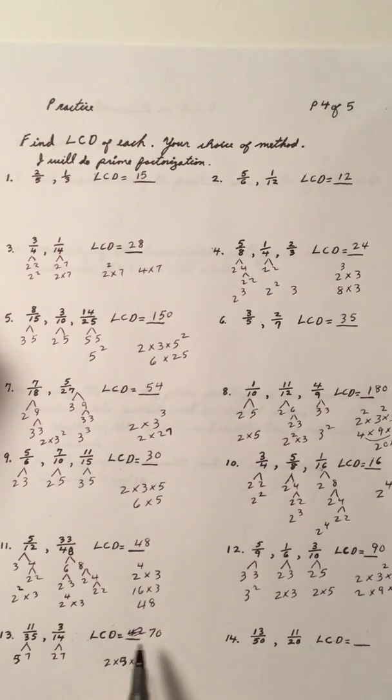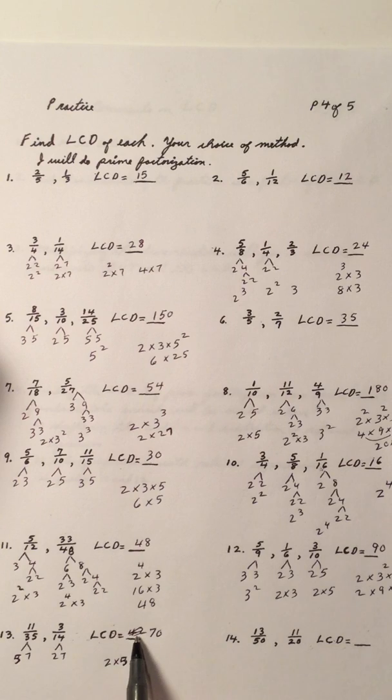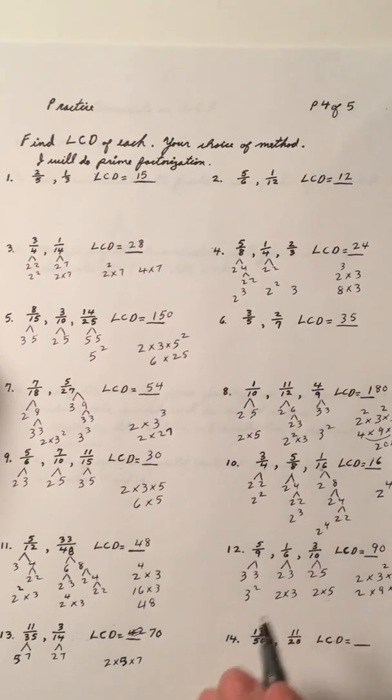What I did, I checked my answer, and I said 35 goes into 42. No way. 35 got a factor of 5, so I should have a factor of 5 over in this LCD. So by checking my answers, or can I divide these two into this? If I can, then I probably have the LCD or the LCM.